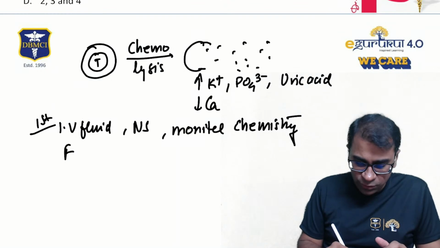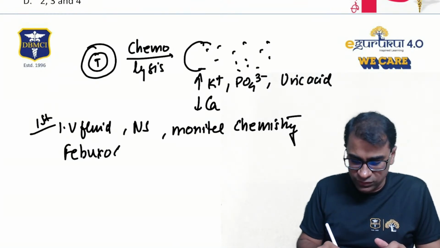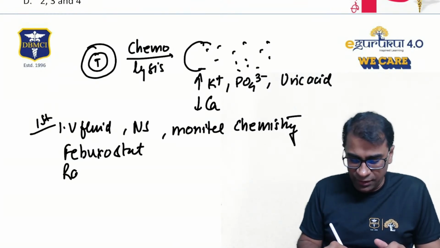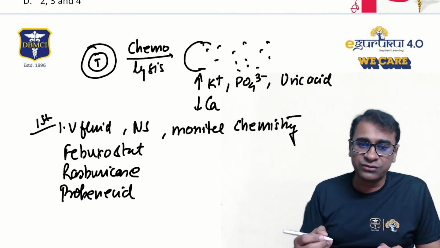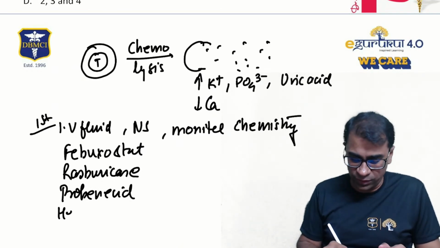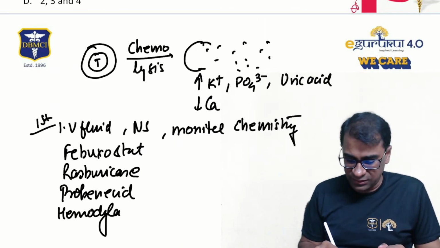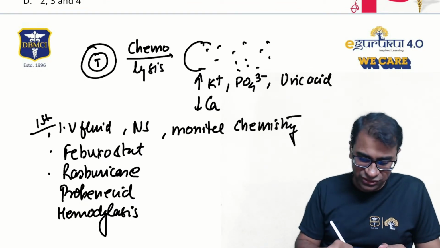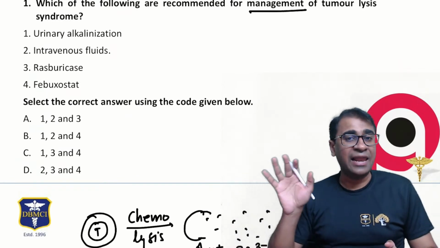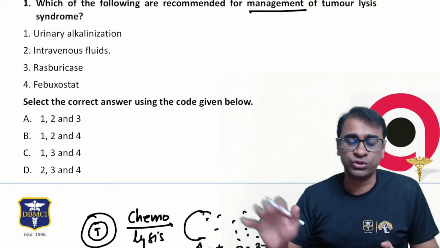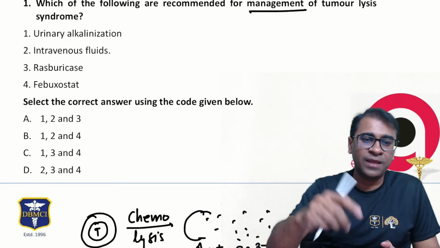Then rasburicase can be initiated, and probenecid can also be initiated. If nothing is working, ultimately at the last you must do hemodialysis. Harrison very clearly tells you, and even Robbins also tells you, that alkalinization is no longer used in the treatment of tumor lysis syndrome.